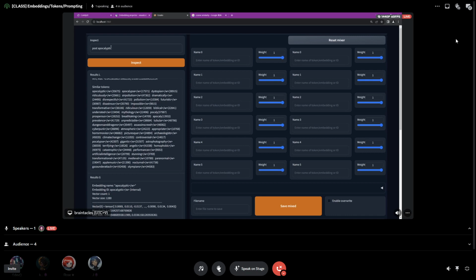But the thing is, when you start having words that are broken down in sort of sub tokens, you're sort of losing. You're sort of shortening your context window from 75 tokens to something else.